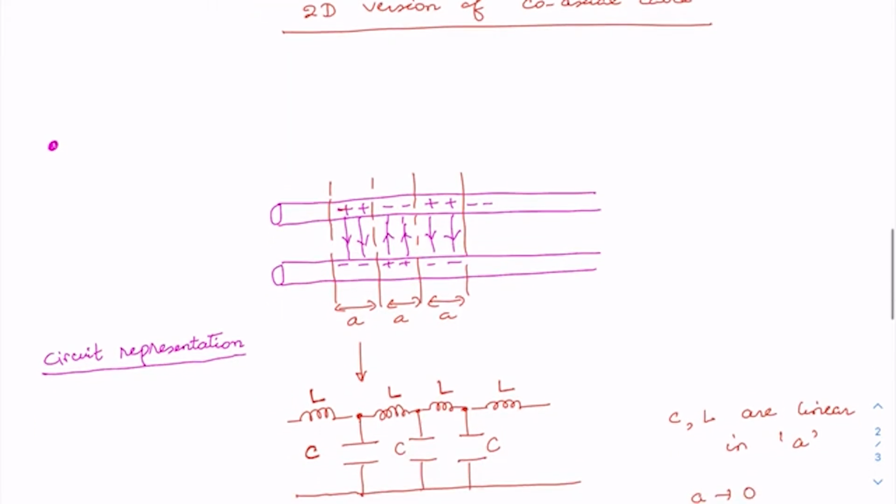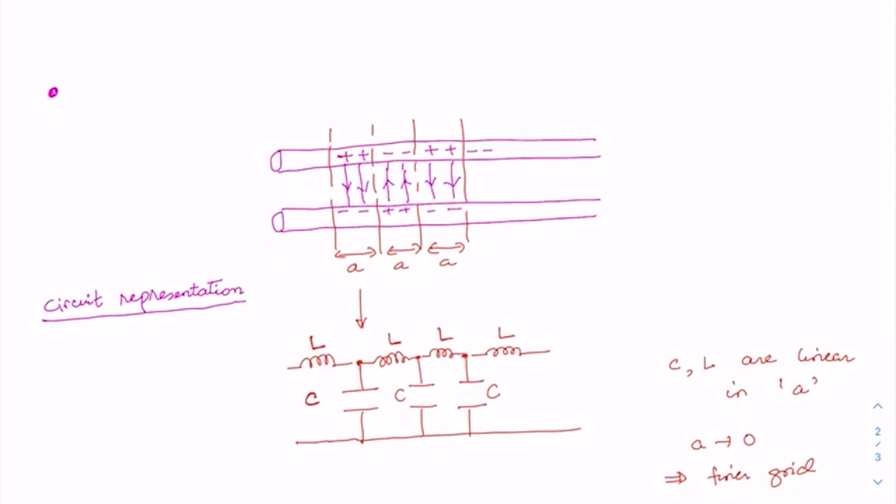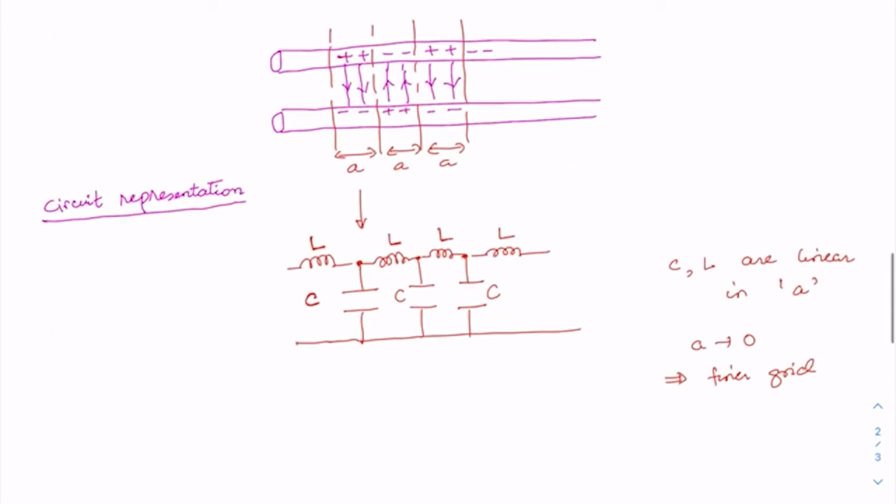The idea was that we divided these parallel wires into a number of unit cells of size A, each cell comprising a capacitance and an inductance, and this capacitance and inductance are linear in the cell size, and ultimately our goal would be to make this cell size smaller and smaller, tending to 0, so that it gives us a finer grid.